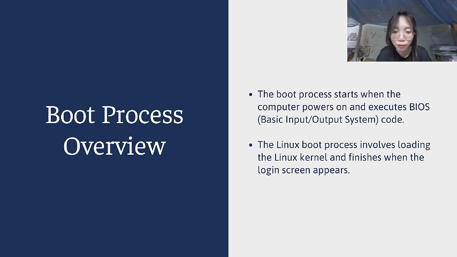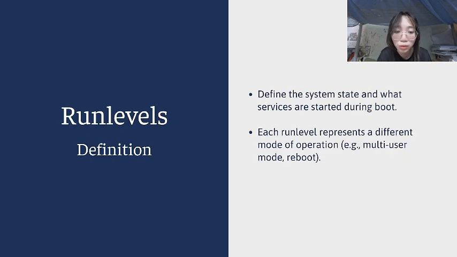The BIOS's job is to initialize the hardware like the memory and hard drives before handing over control to the operating system. And in Linux, the boot process begins when the bootloader starts loading the Linux kernel, and it ends when the login screen or prompt appears.